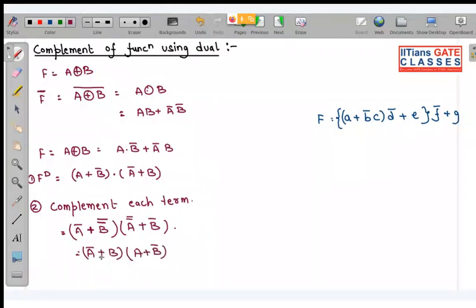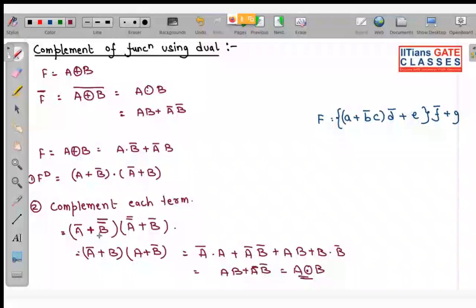Now solve this. You will get a complement into a, plus a complement b complement, plus ab, plus b complement into b. So this will be 0, and over here we get ab plus a b complement. So this is a XOR b.